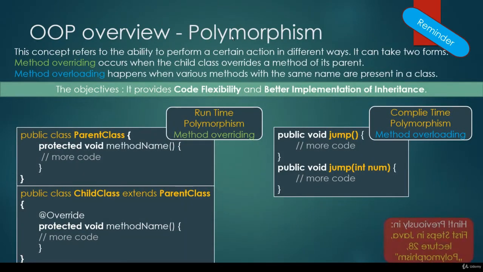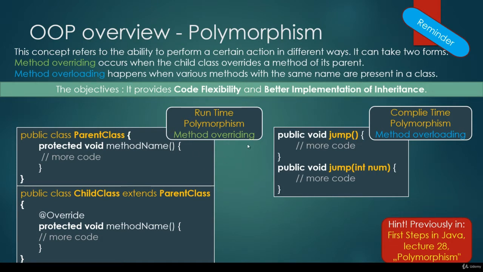What about polymorphism? This concept refers to the ability to perform a certain action in different ways. It can take two forms. We have method overriding, which occurs when a child class overrides a method of its parent. Method overloading happens when various methods with the same name are present in a class.